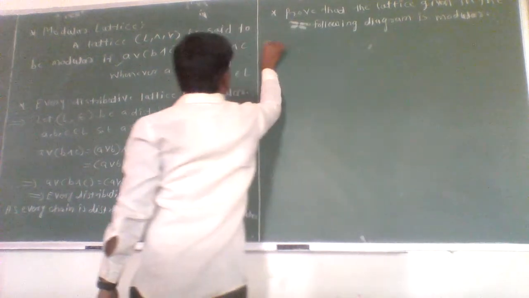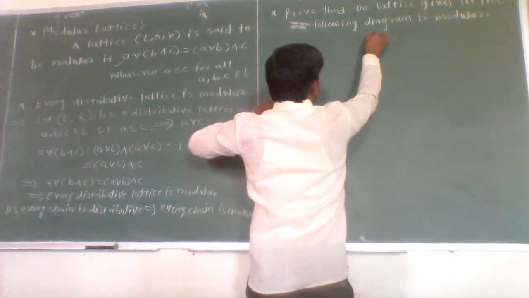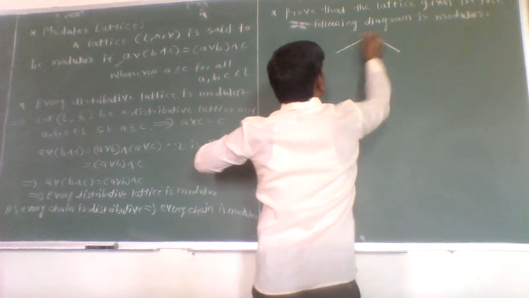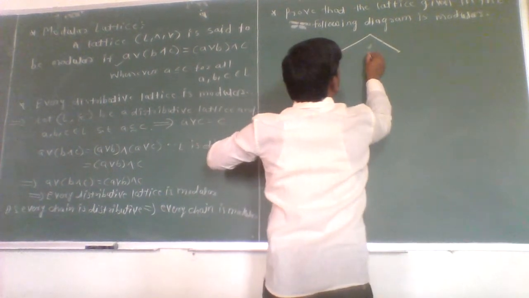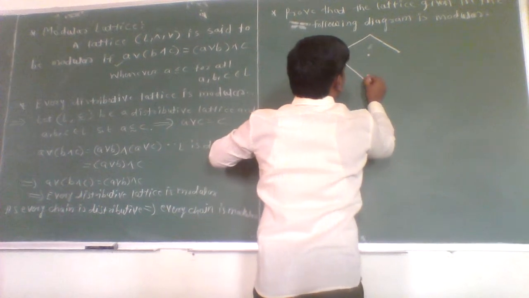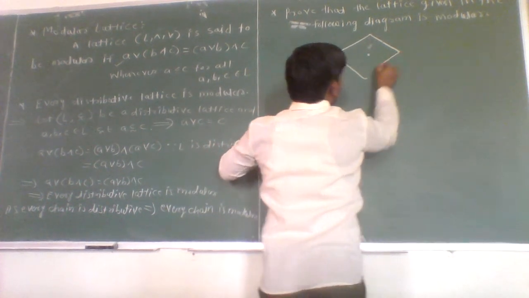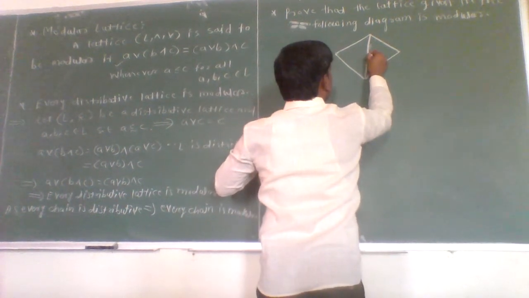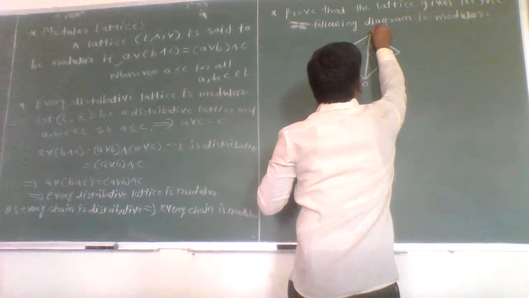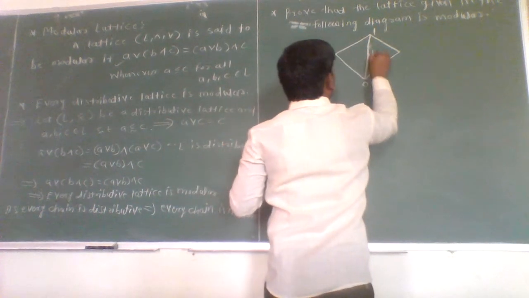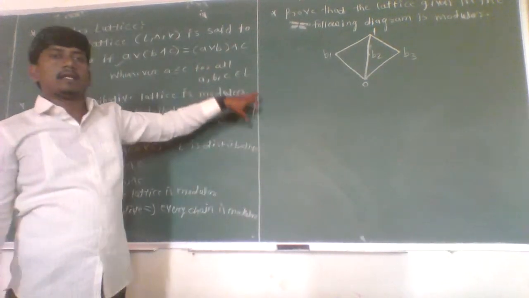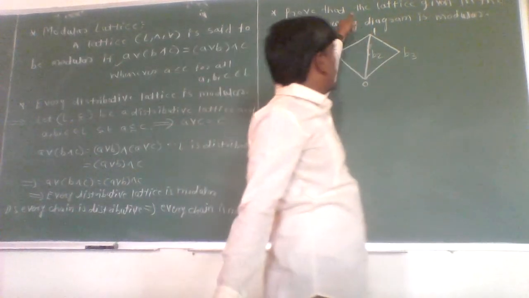First, let us see what should be in the diagram. So this one is the diamond lattice, and we have to prove that this diamond lattice is a modular lattice.